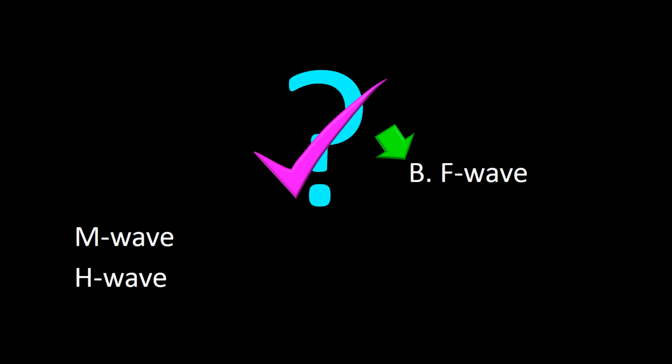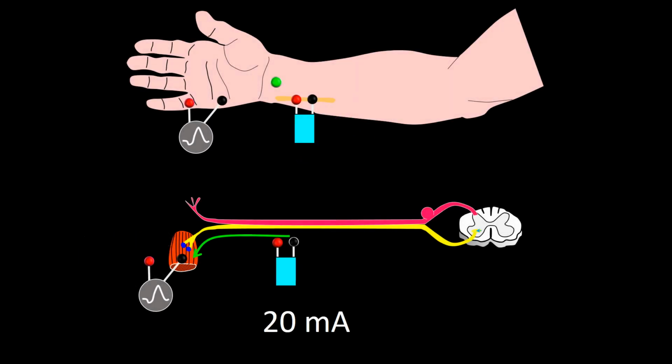Now I will talk about the F wave. If we increase the stimulus to, let's say, 20 milliamps, 1A fibers, but also motor fibers will be activated.